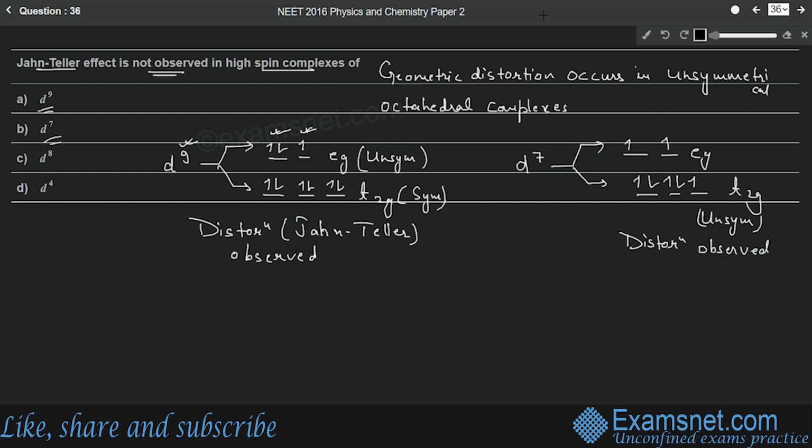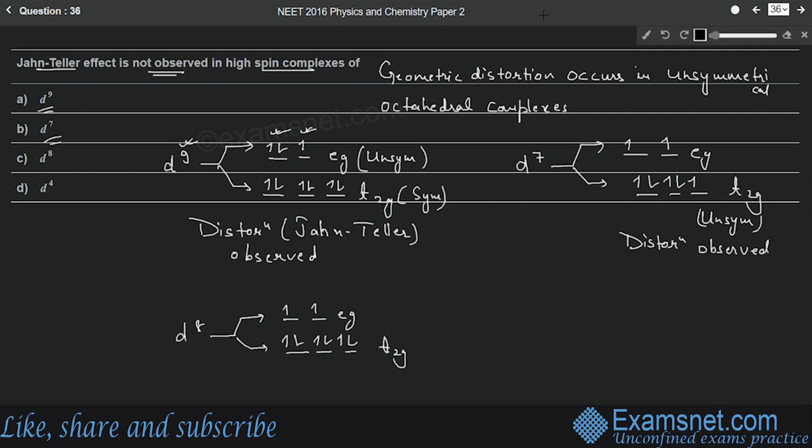Now the third one is D8. T2G orbitals and 2 EG orbitals. So 8 electrons, 1, 2, 3, 4, 5, then 6, 7, 8.